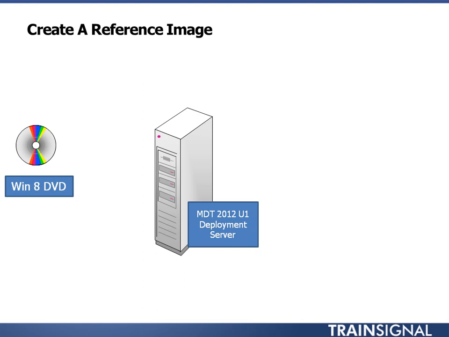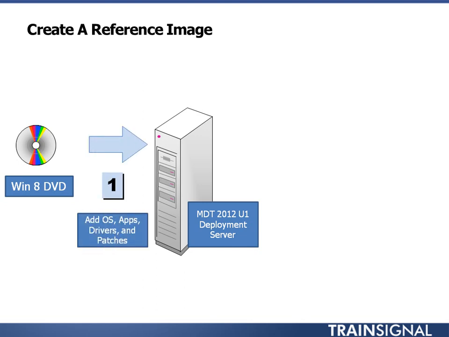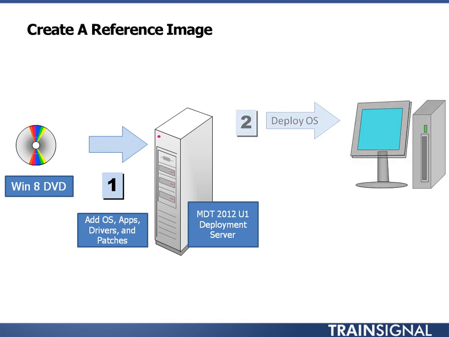To create a reference image, we're going to start with some of the same steps we've already done. We have our Windows 8 DVD, and we have an MDT 2012 Update 1 deployment server with a deployment share already created. Step 1 is to add Windows 8 as an operating system. Throw in any applications, drivers, patches, language packs that you'd like to import to the MDT deployment server.